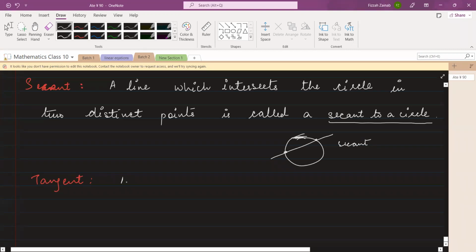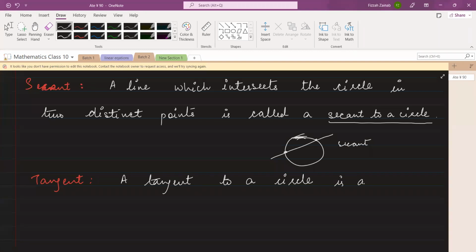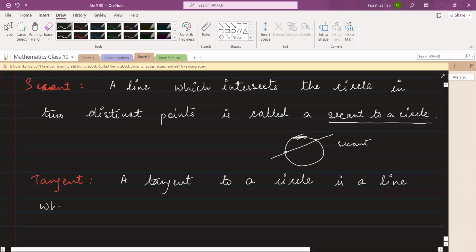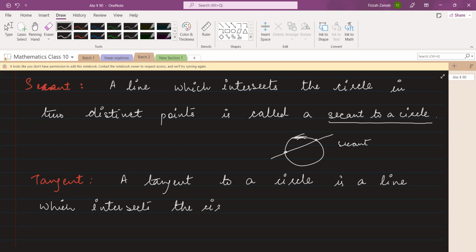So a tangent to a circle is a line which intersects the circle in exactly one point.